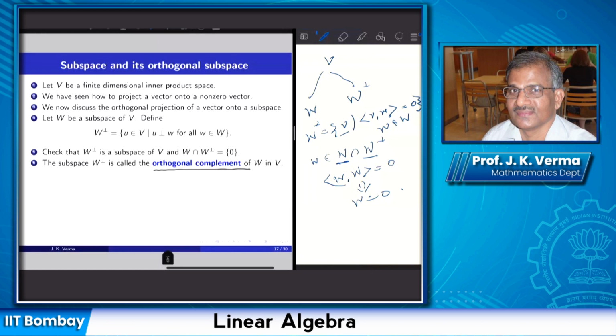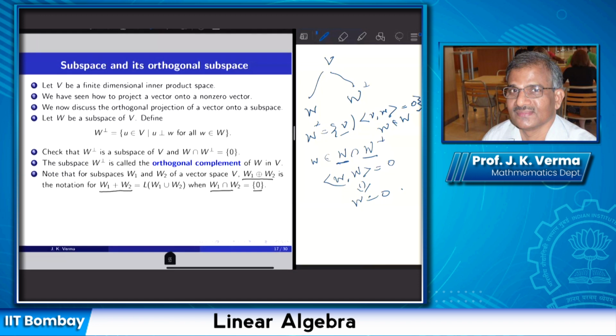It is called the orthogonal complement of W in V. Now if I have W1 and W2, two subspaces, I define a new concept called the direct sum of W1 and W2. The direct sum of W1 and W2 is the vector space which is the linear span of W1 and W2, the sum of these two vector spaces, such that their intersection is the 0 vector.